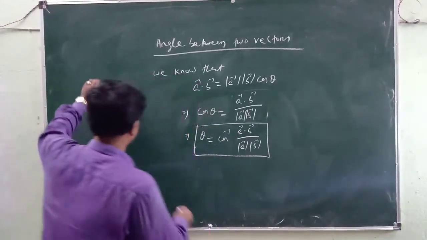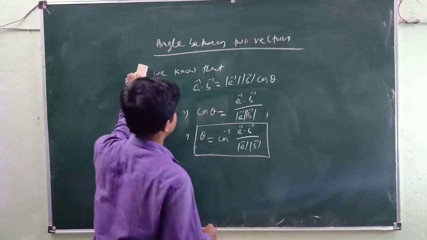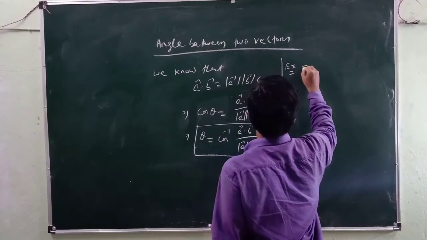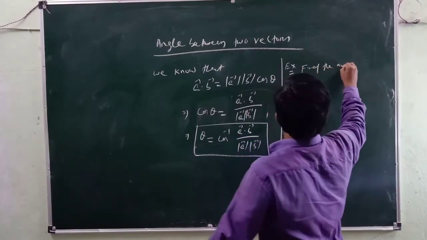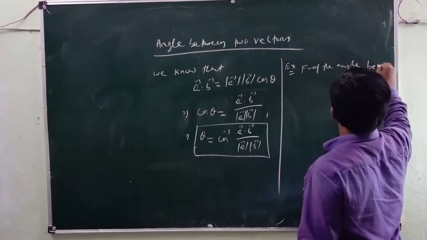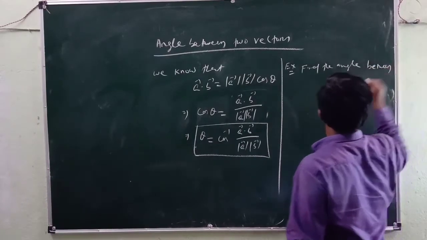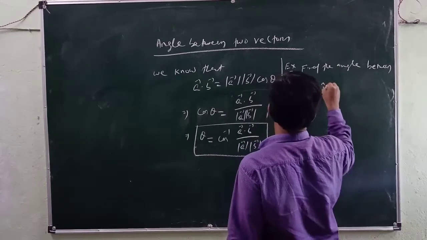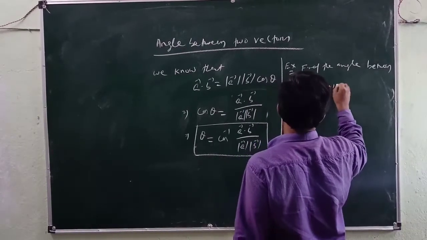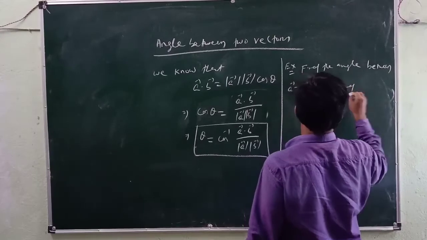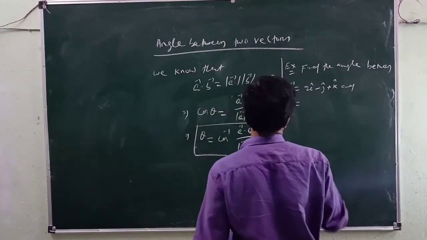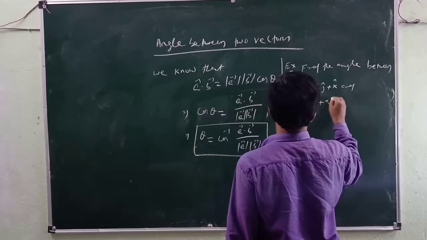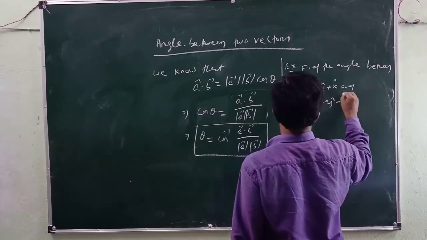For example, here I take an example: find the angle between A vector, 2i cap minus j cap plus k cap, and B vector, I write 3i cap plus 2j cap minus k cap.